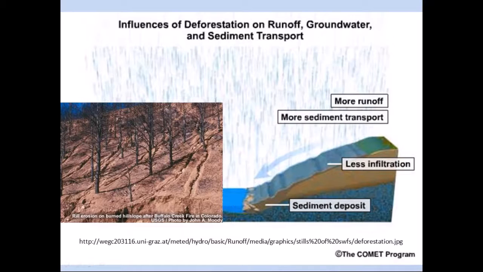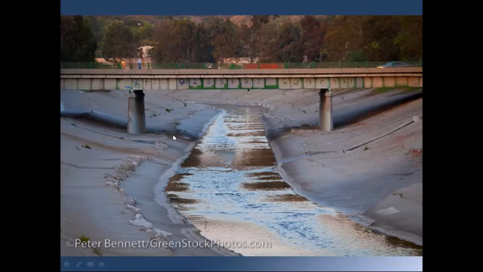That's ecologically bad for whatever's living in the stream or river, but it's also a geologic hazard. A couple of years ago, remember in California, there were huge mudslides happening in areas that were deforested by big forest fires, and towns were destroyed and people died because of it. So again, geologic hazard.